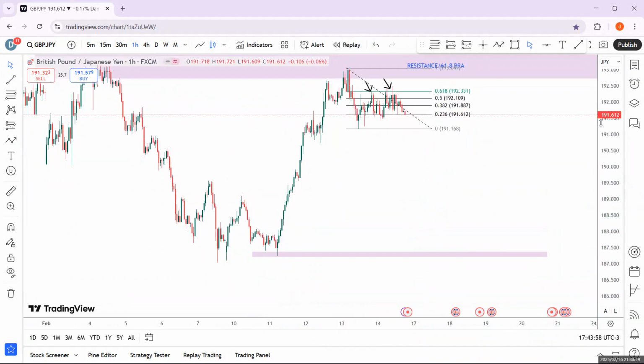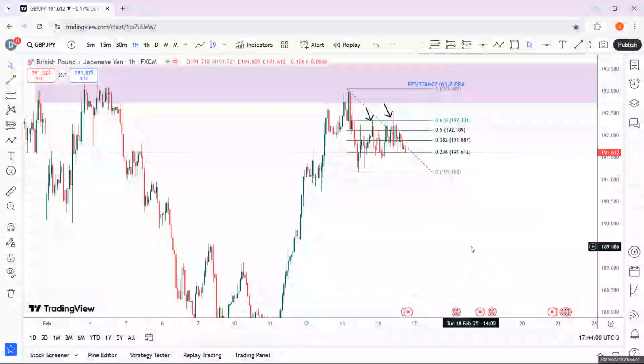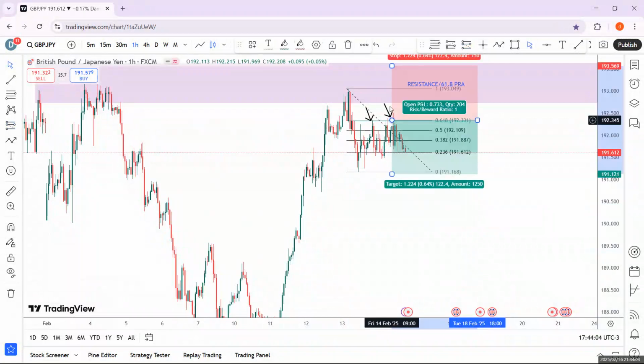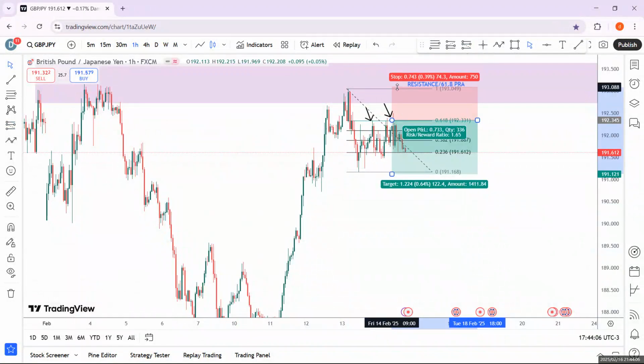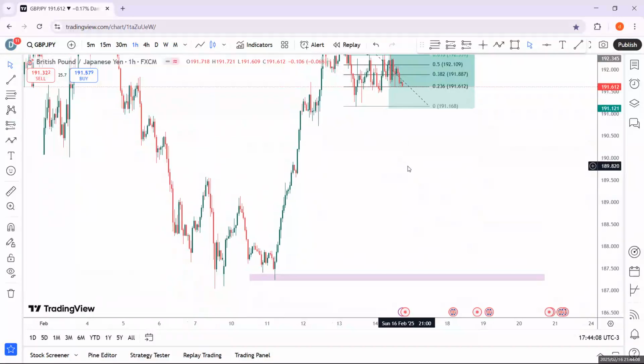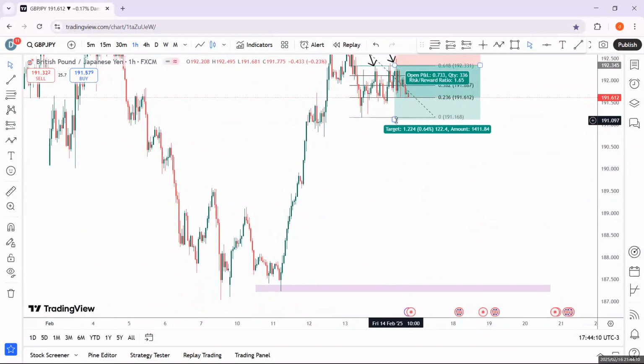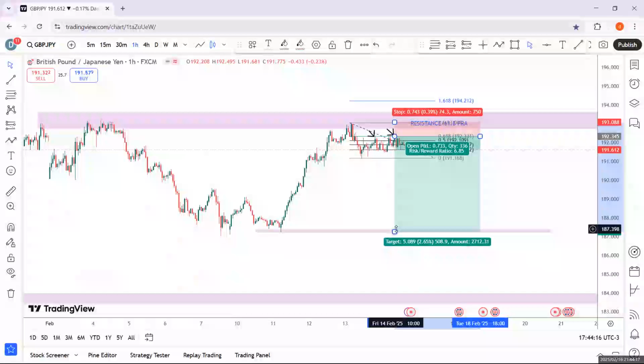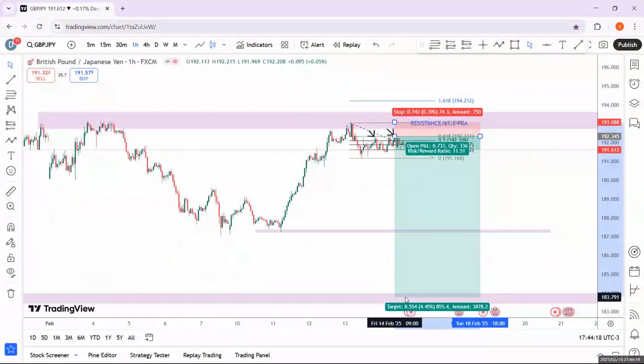Okay, so beyond that, if you entered on the discount, it's your stop loss right here, discount at 61.8, pinpoint sell. If you are taking profit here, TP1 is 1:6, and TP2 is 1:11, something around this.